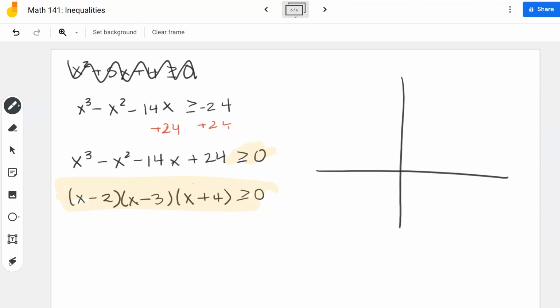We know the end behavior of a polynomial with odd degree and a positive leading coefficient. It's going to do this. We now also know its zeros. It's got a 0 at 3, a 0 at 2, a 0 at negative 4. And each of these zeros has multiplicity of 1, so they all have odd multiplicity, we're going to cross.